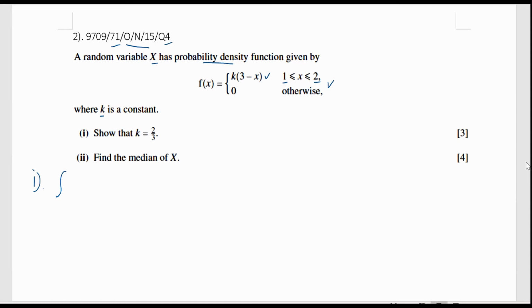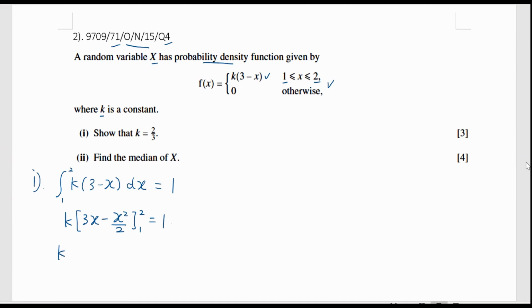the area under the graph means we are going to integrate this function, and it must equal 1 from the limits 1 to 2. So that is how we start, and we try to integrate this. Right?